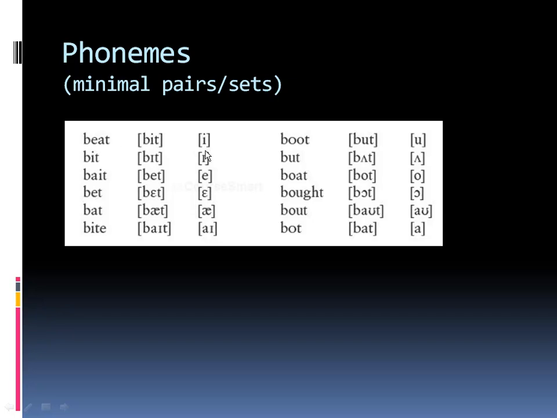If you say beat as opposed to bait, the meaning completely changes. You cannot say, "Oh, I just said beat. No, I meant bait." You can't do that. Can you imagine if you say boot and boat and you think they mean the same thing? It doesn't happen. So in English, all these vowels are different phonemes.